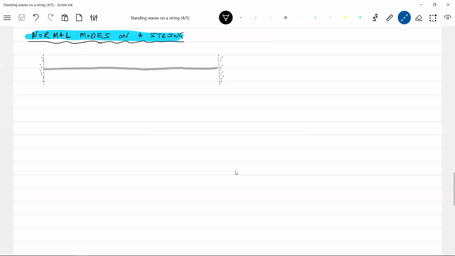Now what I do is there's a string, I'll connect it between the walls and it's taut. So a student comes at the middle, what happens? He will pluck it. He will pull it. Pluck means he'll pull down and release.